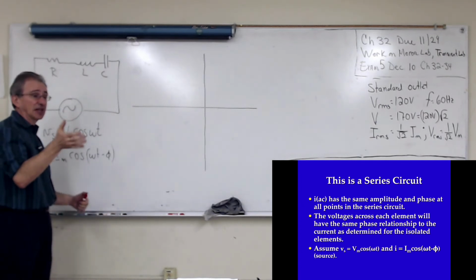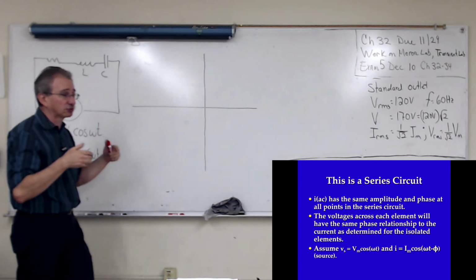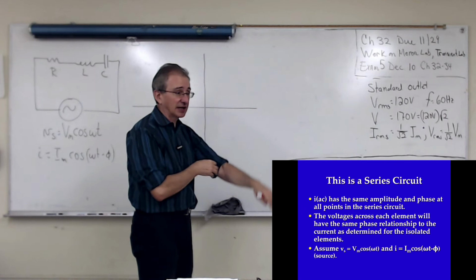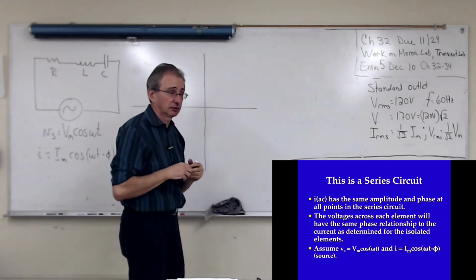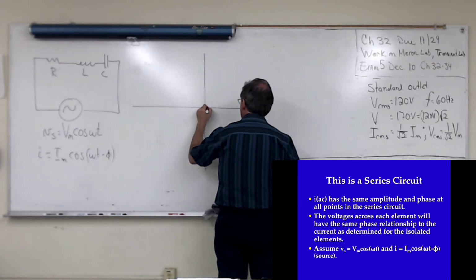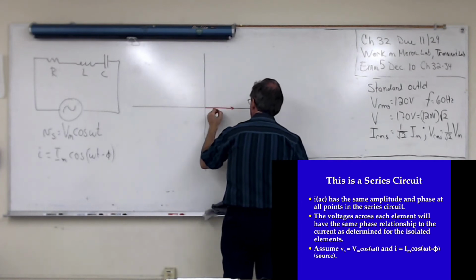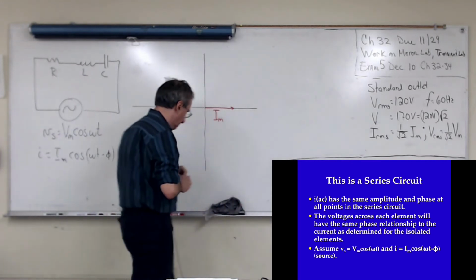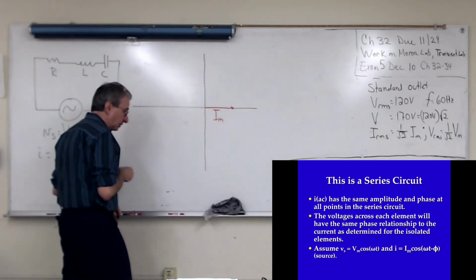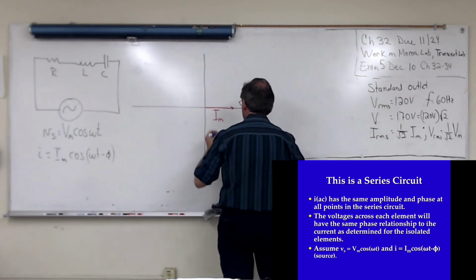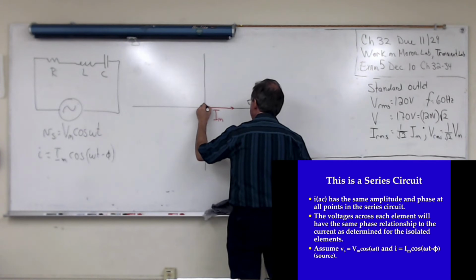So I'm going to proceed the same way I did before. I'm going to draw my diagram with the current along the x-axis. They're all going to have the same current. So I'm going to draw a picture like that. Then I'm going to draw the voltage across the resistor.